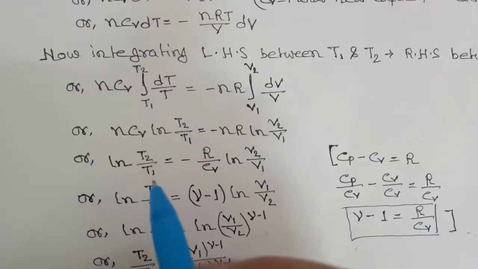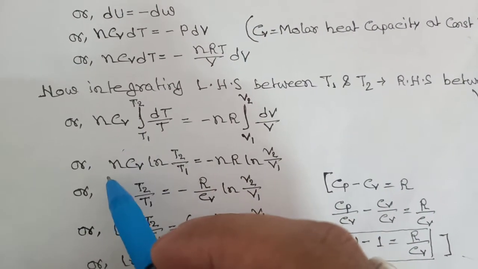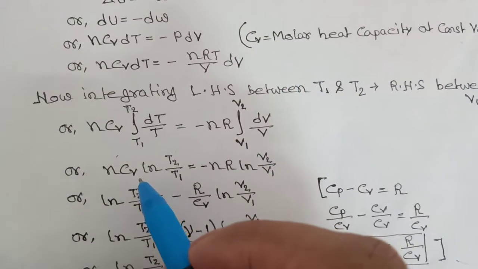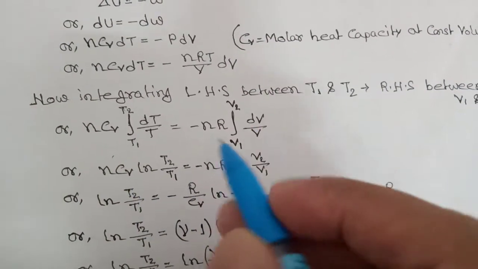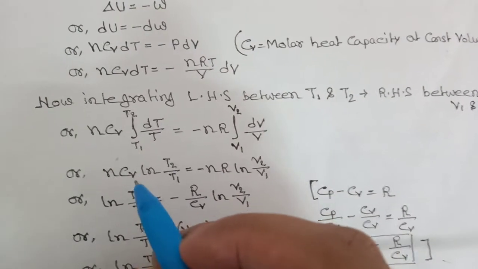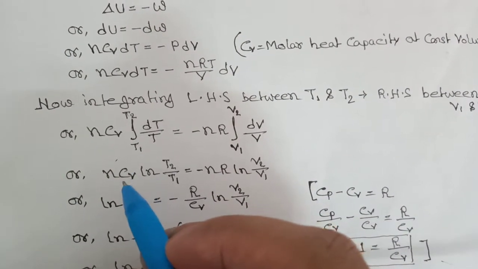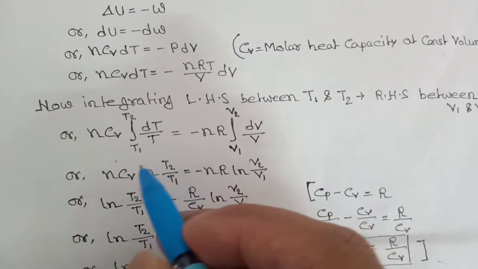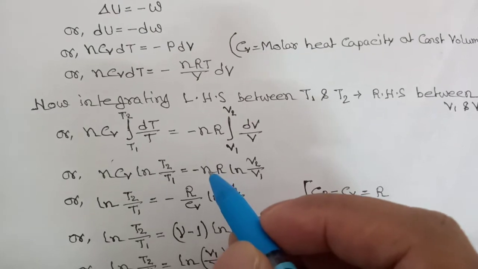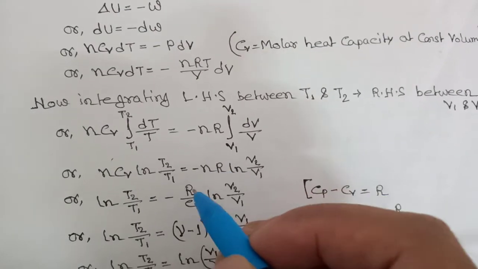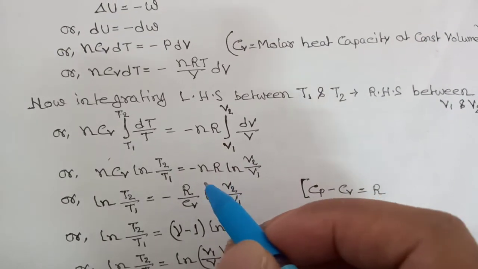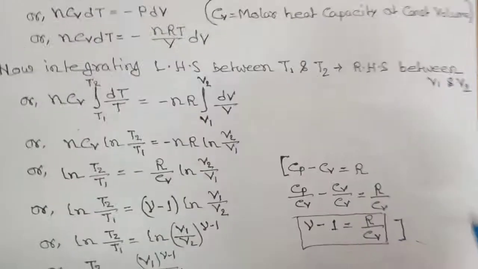Now we can cancel n on both sides. Then we can divide all the terms by Cv. Cv divided by Cv gives 1, so only ln T2 by T1 will be on this side, and here R by Cv will be there because we are dividing all the terms by Cv, times ln V2 by V1.